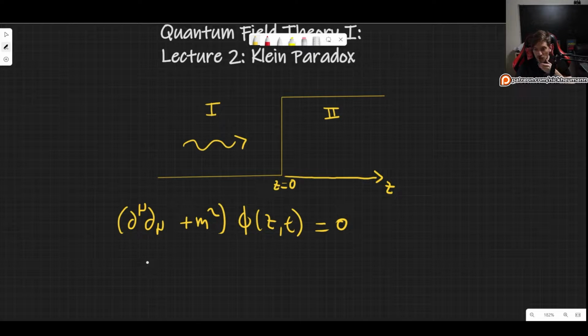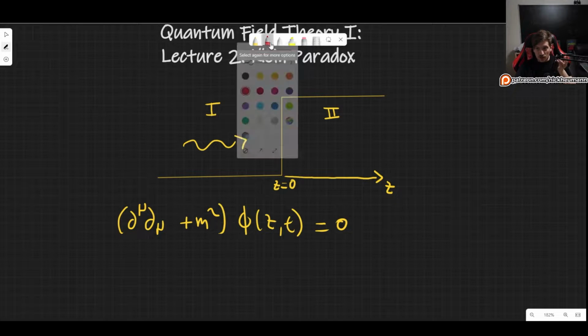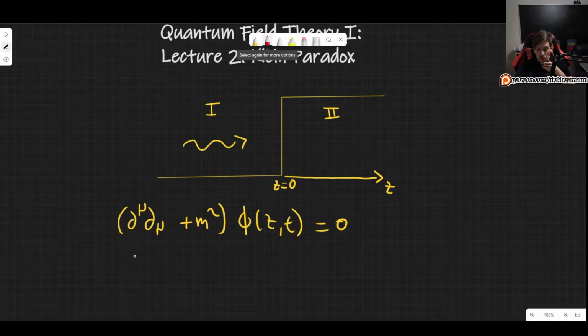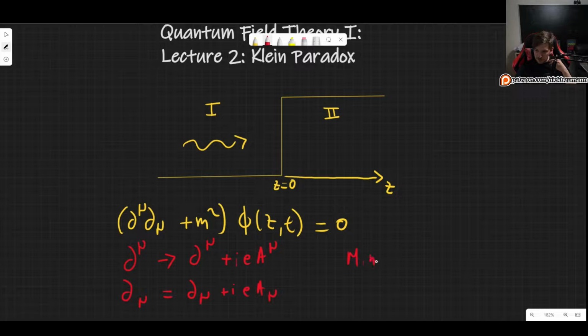In particular, when we are in the presence of this electric field, because of the change in this situation where we have this new potential, our derivative d mu will go to d mu plus i e A mu. And similarly, the covariant one will go to d mu plus i e A mu. This is called minimal coupling.